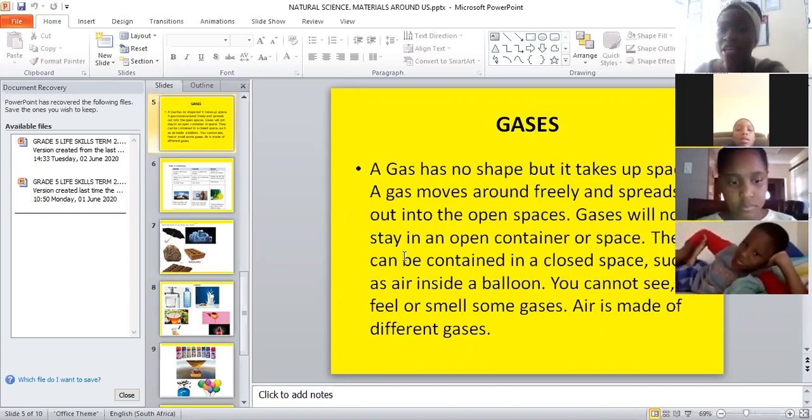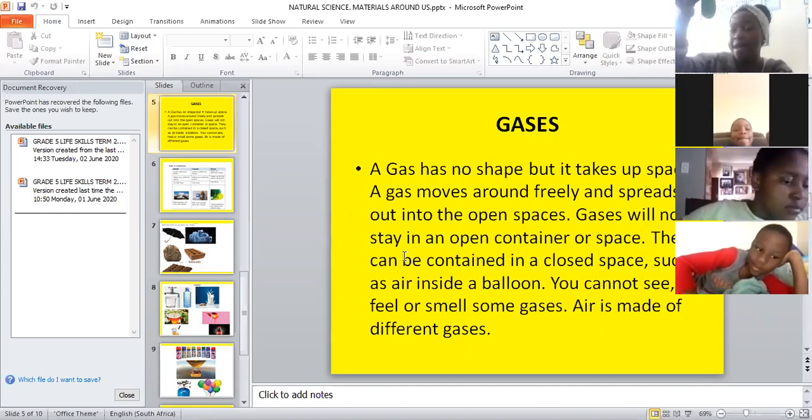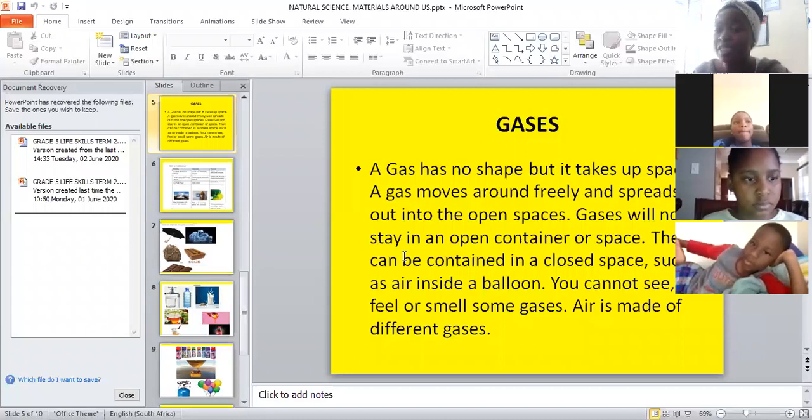Gases will not stay in an open container or space. That's why I gave an example by blowing inside this balloon. So it can only be contained in a closed space.